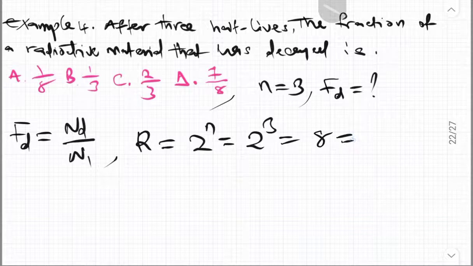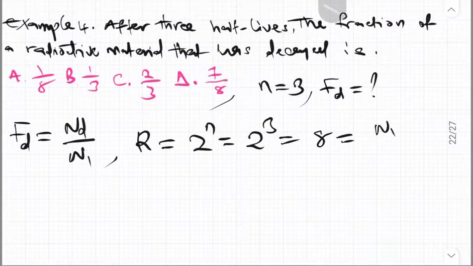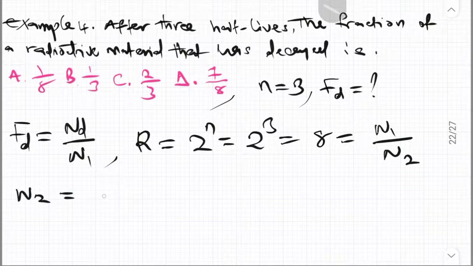And this is going to equal, because R itself is equal to N1 over N2, right? Okay, so let's see what N2 is. N2 is equal to N1 over 8, right? From this formula.